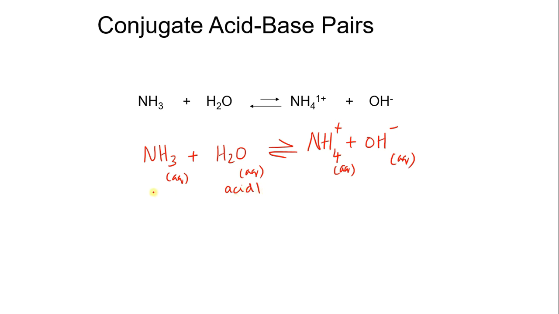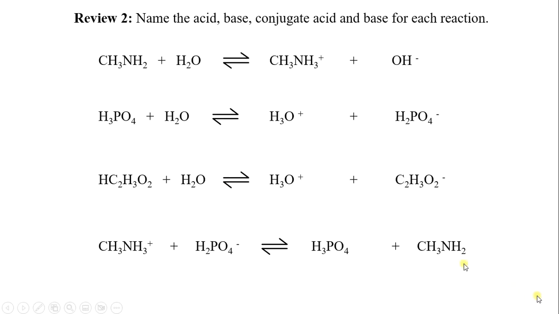Okay, so acid 1. So then I look for the conjugate of this, which is OH minus, label that as base 1. This has to be acid 2. Now it's got this proton, it can actually transfer it back to the conjugate base. Now you got acid 2, so that means this has to be base 2.